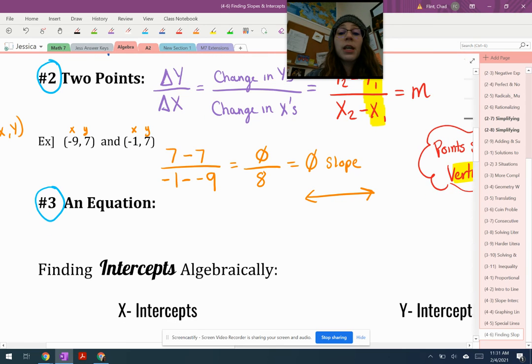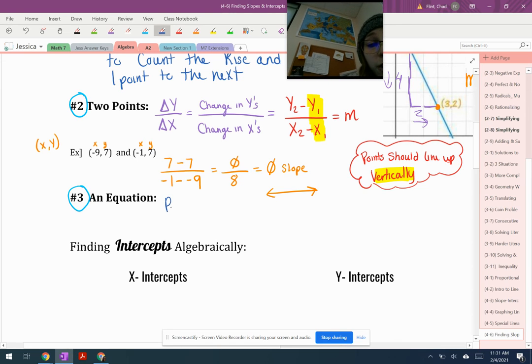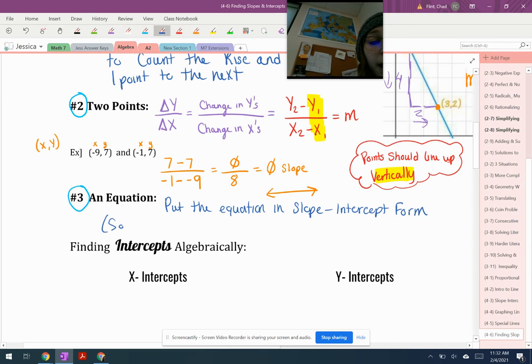The last situation, which we've kind of talked about already, is finding the slope if you are given an equation. When you're given that equation to find slope, all you need to do is put the equation in slope-intercept form, aka solve for y, and then look at the m value.